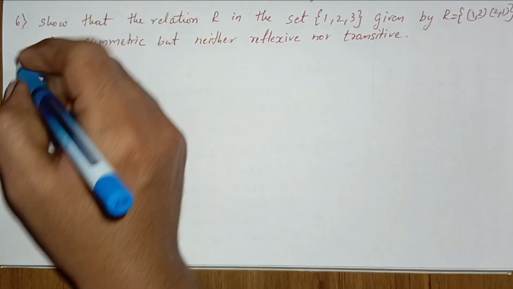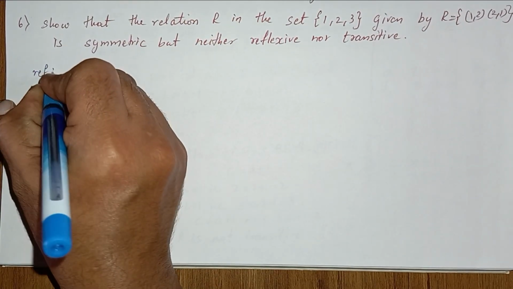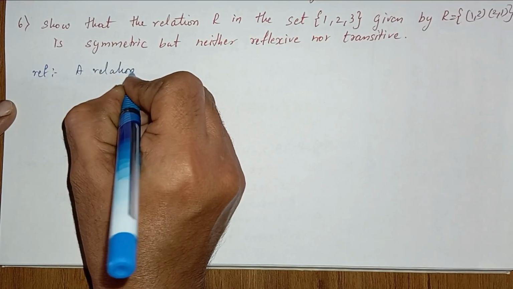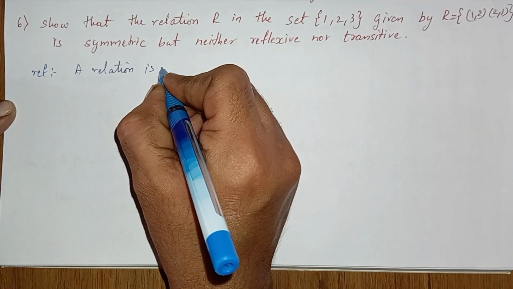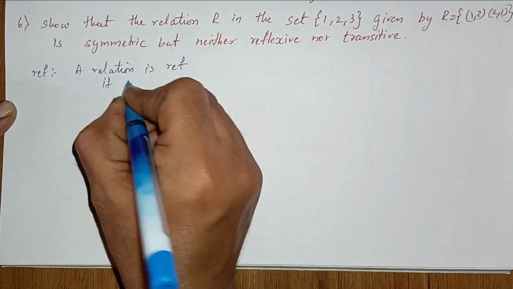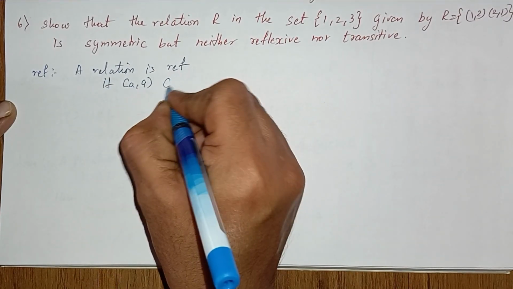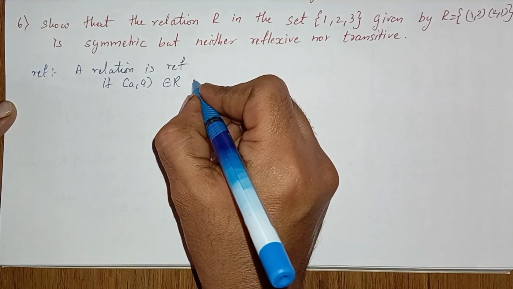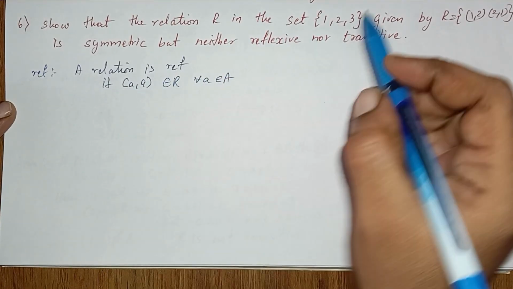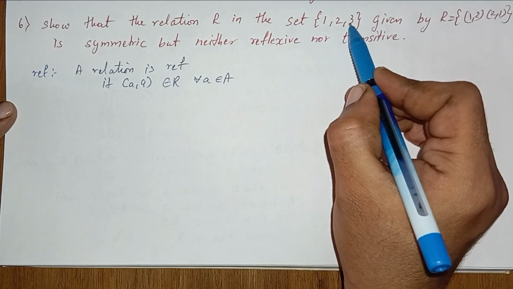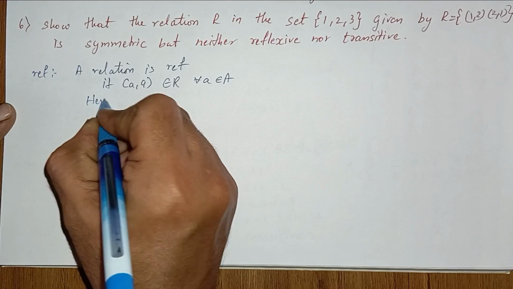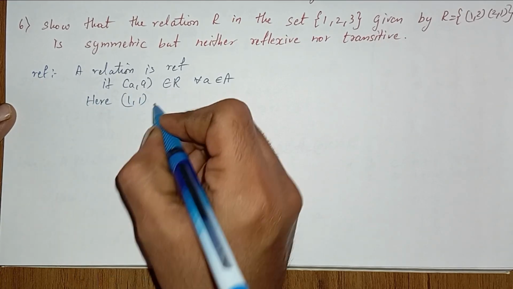First we will check for reflexive. A relation is reflexive if (a, a) belongs to R for every a belonging to A. Here the values of a are 1, 2 and 3, so I should have (1, 1).